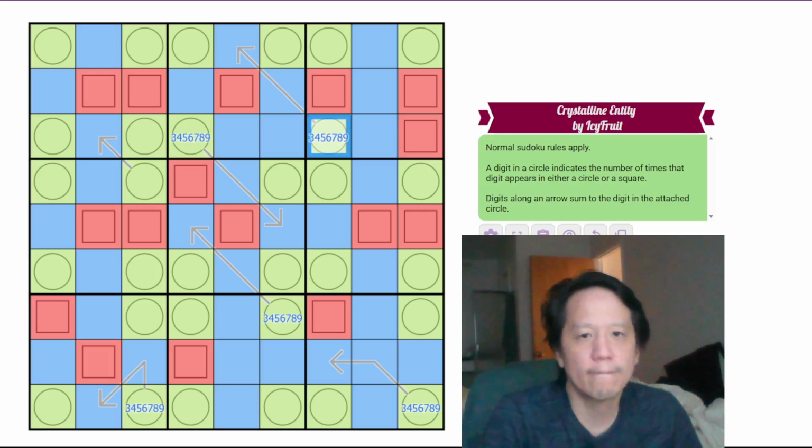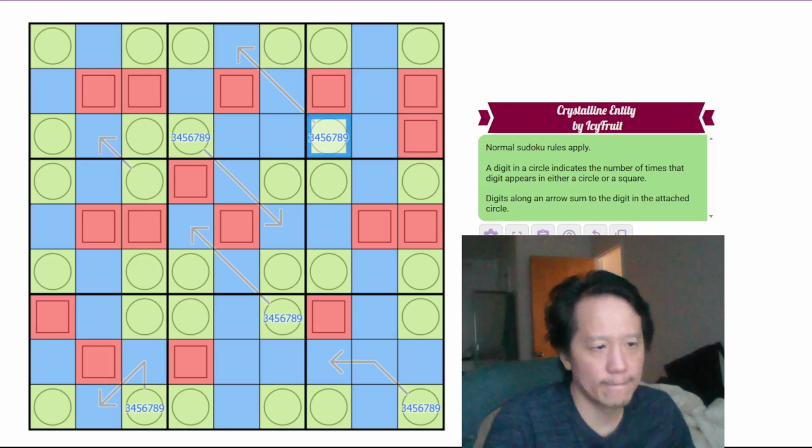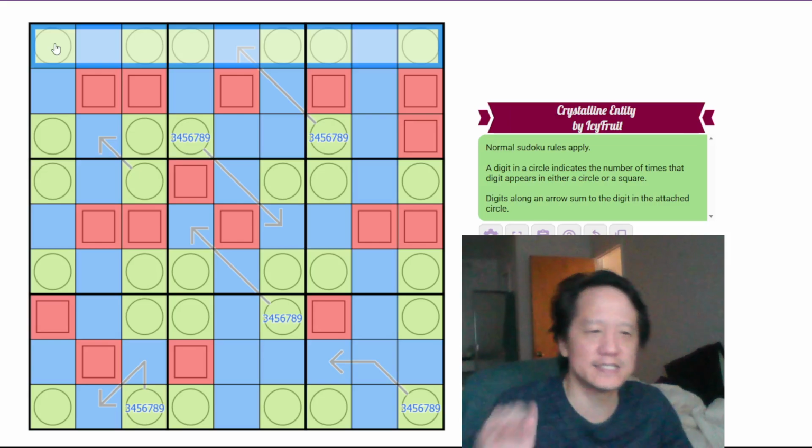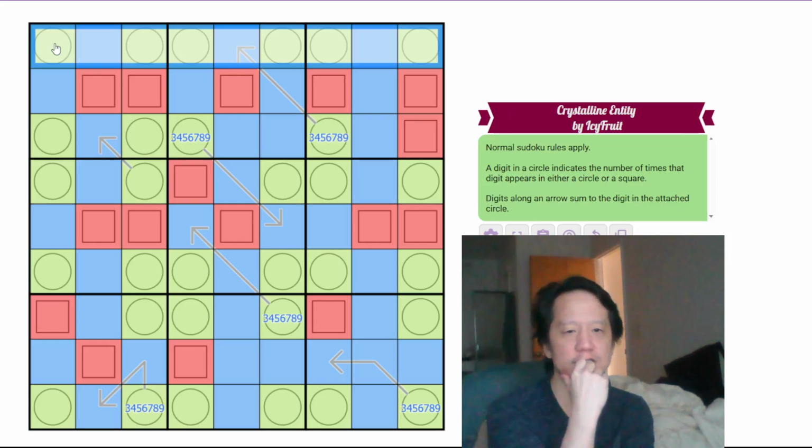There are at least 6 digits in circles. There may be more, but we don't know if there are more.